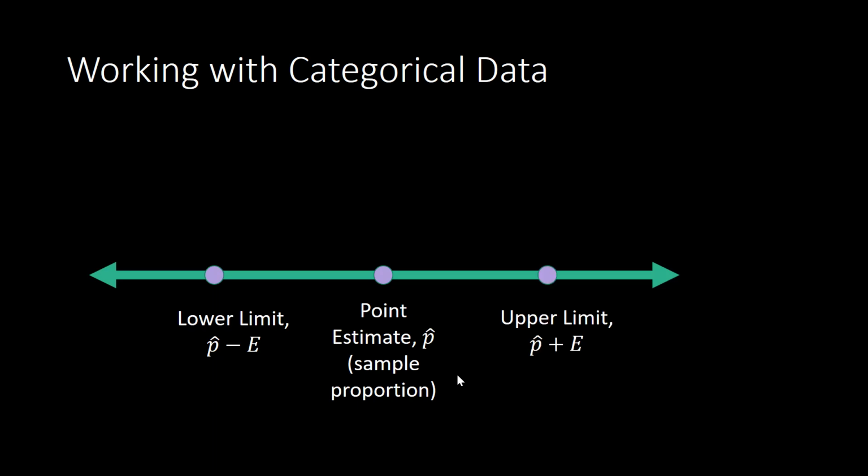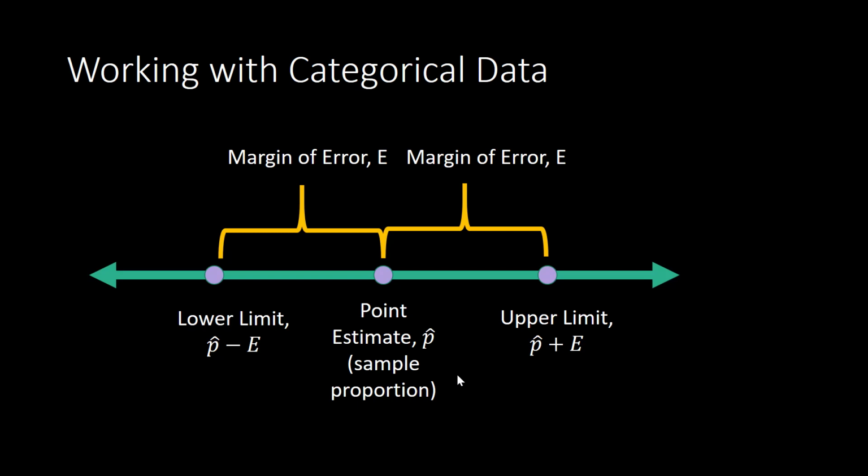We still have a lower and upper limit. The way we find the lower limit is by subtracting the margin of error from the point estimate, and the way we find the upper limit is by adding the margin of error to the point estimate. We also need to label our margins of error and remember that they are always considered positive.